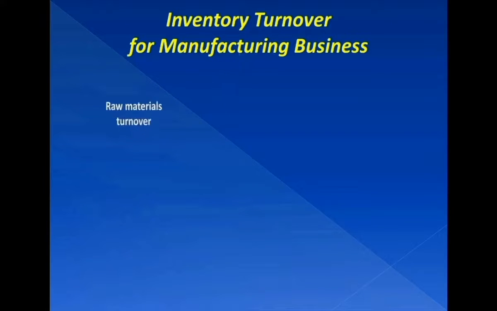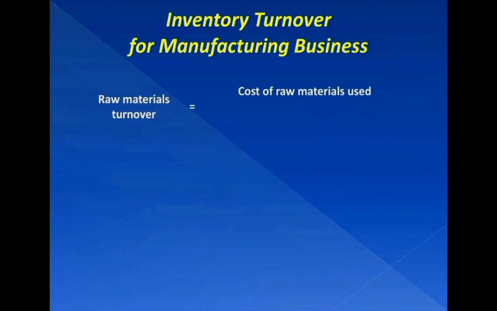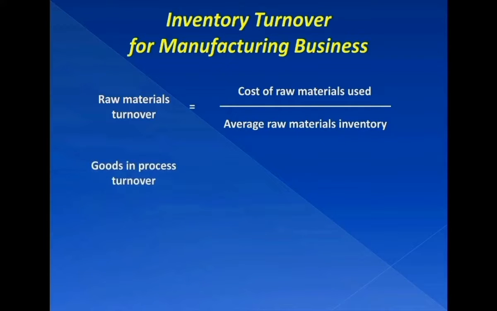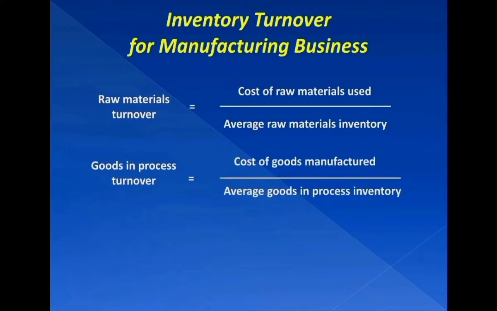For raw materials turnover, the formula is cost of raw materials used divided by the average raw materials inventory. For goods in process turnover, the formula is cost of goods manufactured divided by the average goods in process inventory.